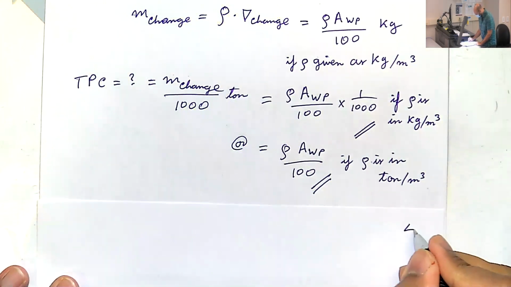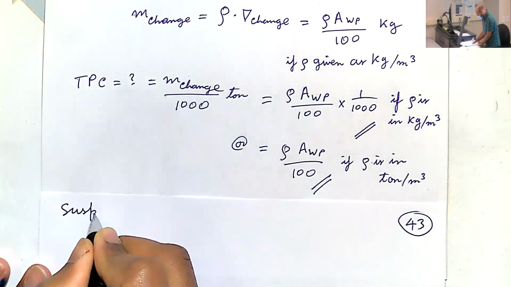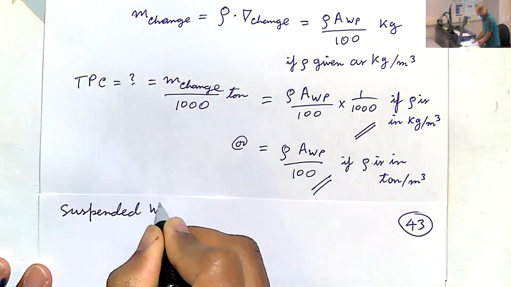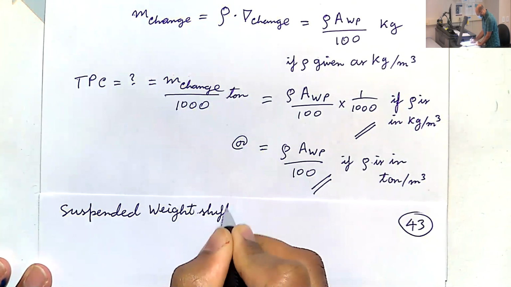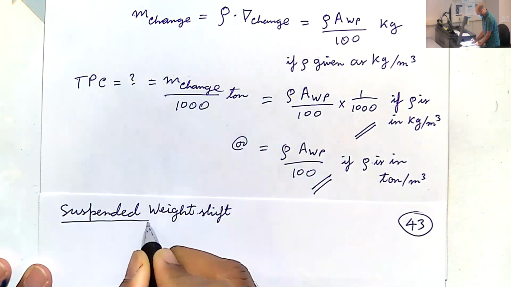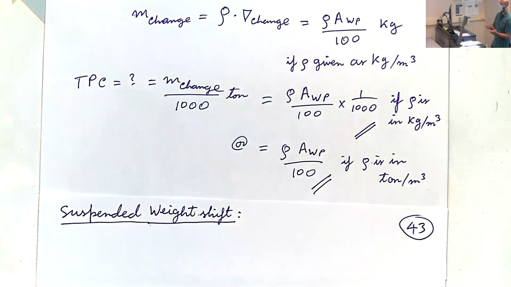So if you have suspended weight, what I mean by suspended weight shift is on these huge cargo ships, you see there's an onboard crane, which basically you attach the container to, it lifts it out of the hold and dumps it on land.